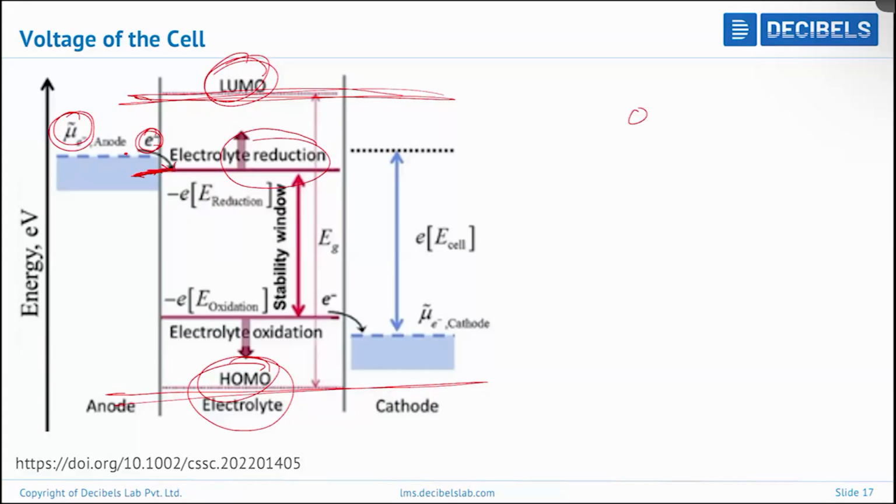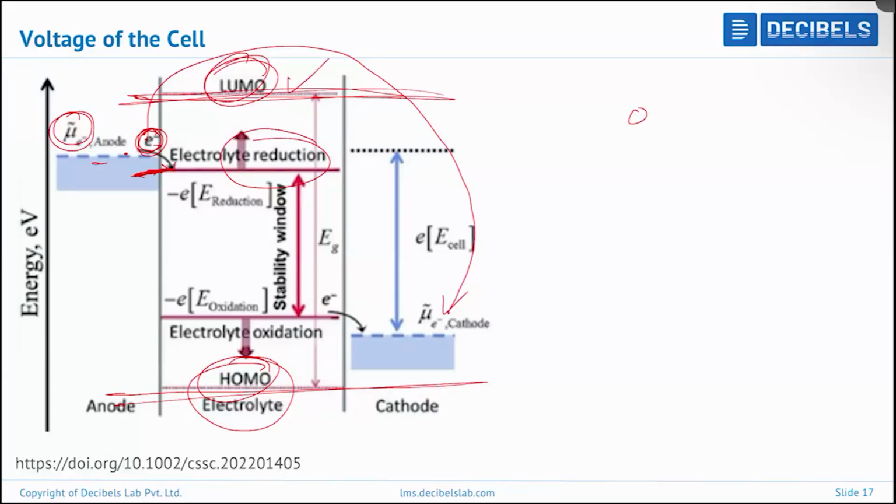This is called SEI formation, solid electrolyte interface formation. Initially, some amount of lithium undergoes reaction and forms a film. So therefore, we want the electron of the anode to come to the cathode, then only we get electrical energy. So the LUMO energy level should be higher than the anode.